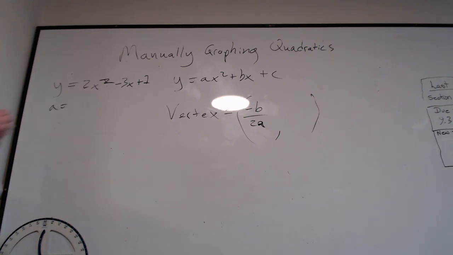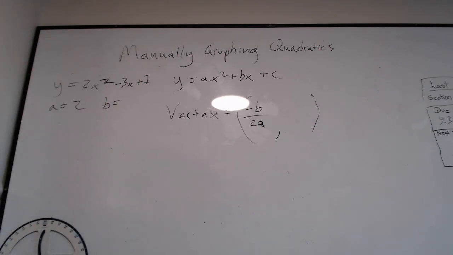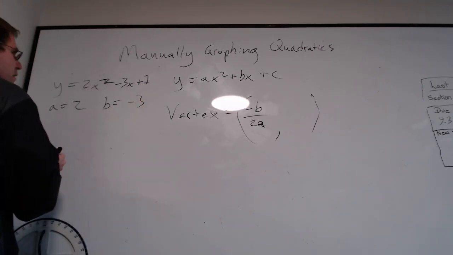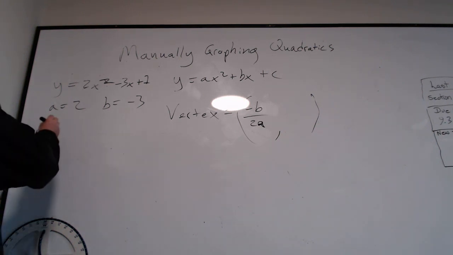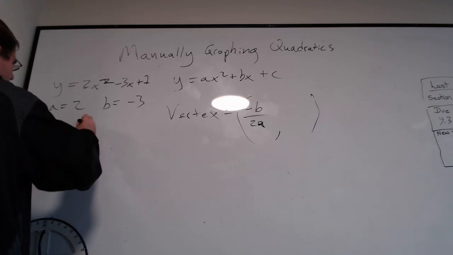Okay, what does b equal? Negative 3. Is it negative 3 because negative and negative makes positive? We're not going to that formula right now. We're just identifying a, b, and c. Okay, what does c equal? That's a 1, yeah. So it's 1.